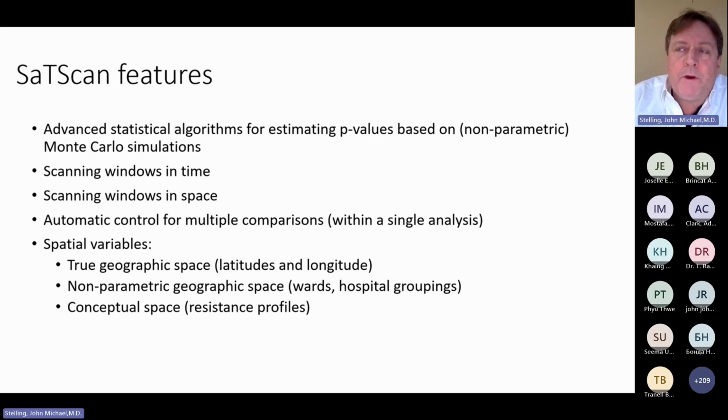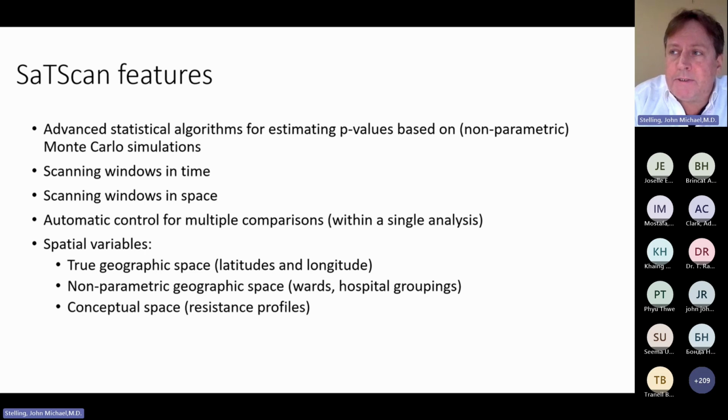But if you look only at weekly data, the first 5 people end up in 1 week, and the second 5 people end up in a different week. So instead of seeing this as 10 people in 2 days, we see it as 10 people spread over 2 weeks. By scanning, SaTScan can look at the 1 day and the 2 days to recognize that these 10 people came from a 2-day period. That is scanning in time.